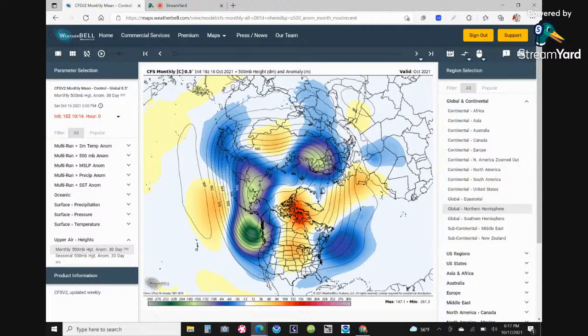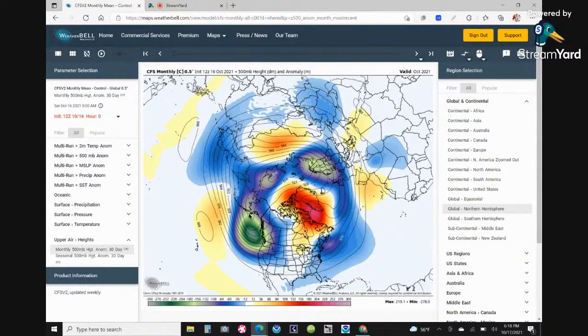Still have that trough off the east coast that's trying to stick its nose back in, and then there's some strat warm implications here as well, which I could go into, but this video would be way longer than what I can afford it to be at this time of day. So that information will be coming later this coming week.